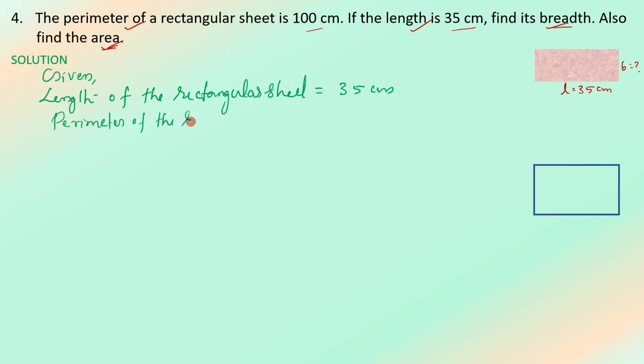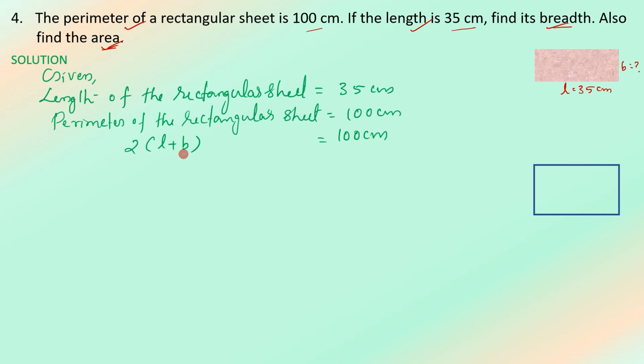Perimeter of the rectangular sheet equals 100 cm. Now we will write the formula for finding the perimeter of the rectangle, that is 2 into (L plus B) equals 100 cm, as given.